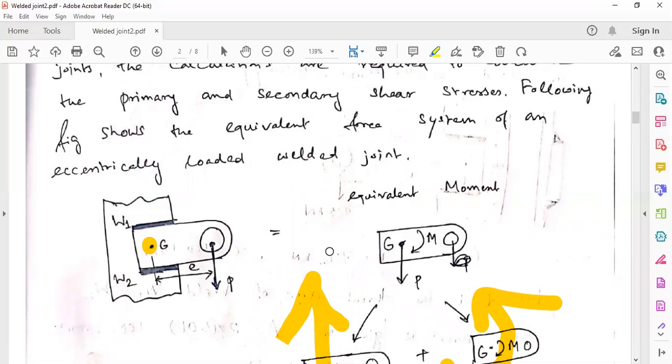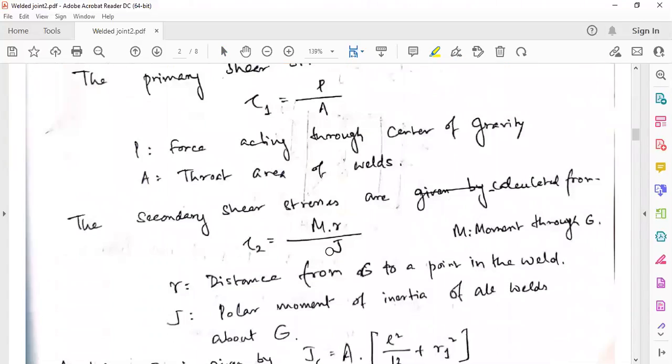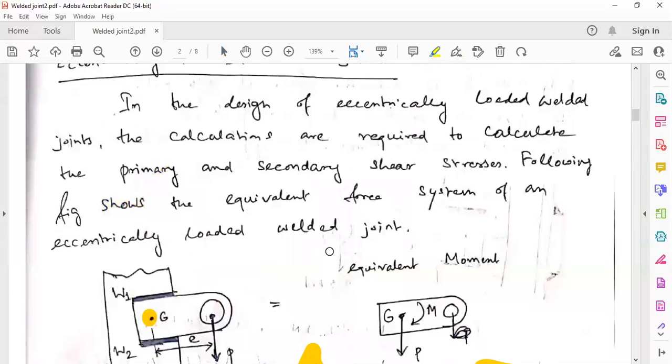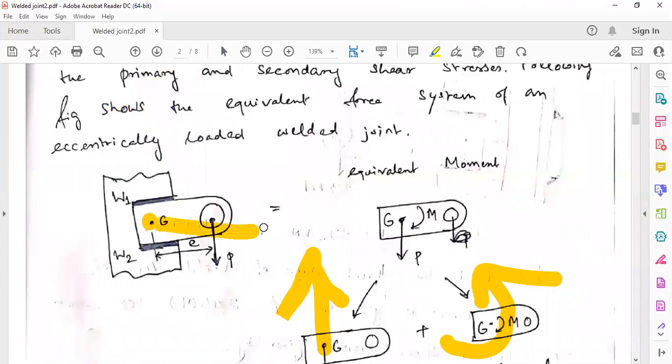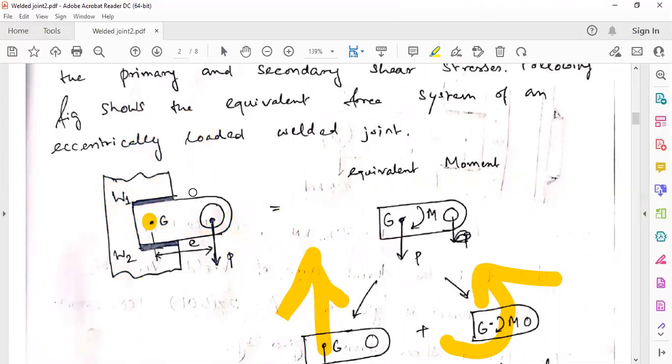That's why this is the polar moment of inertia. Actually, let me tell you once, this is the x-axis and this is the y-axis, and the rotation is about the z-axis.